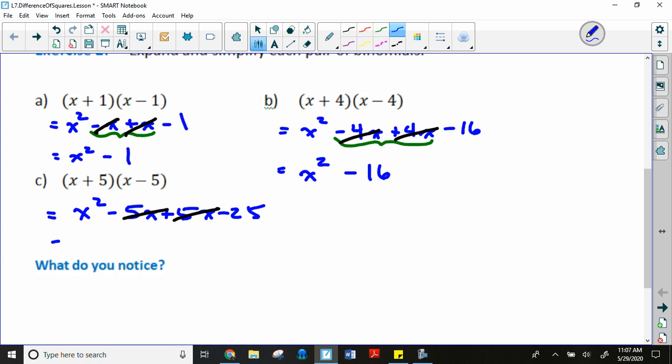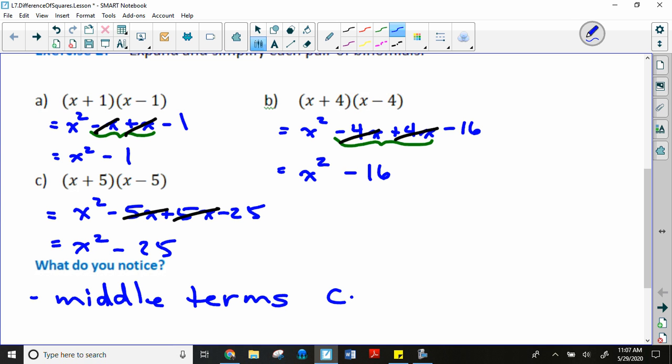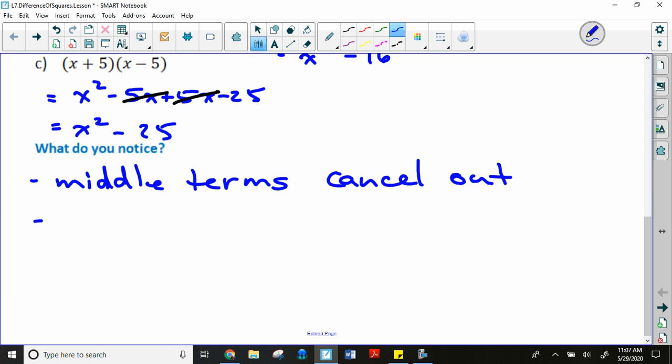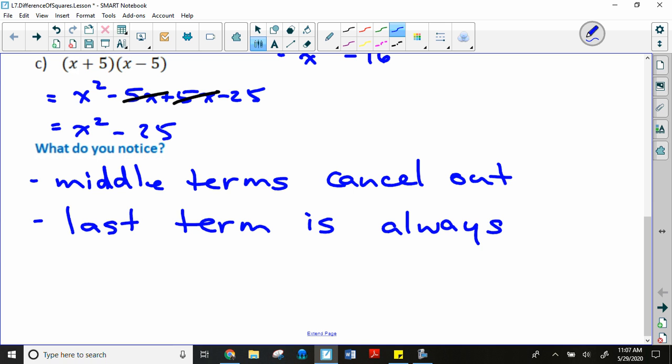And we're left with x squared and then a negative 25. So what do we notice? Middle terms cancel out. And also, we should notice that last term is always negative.